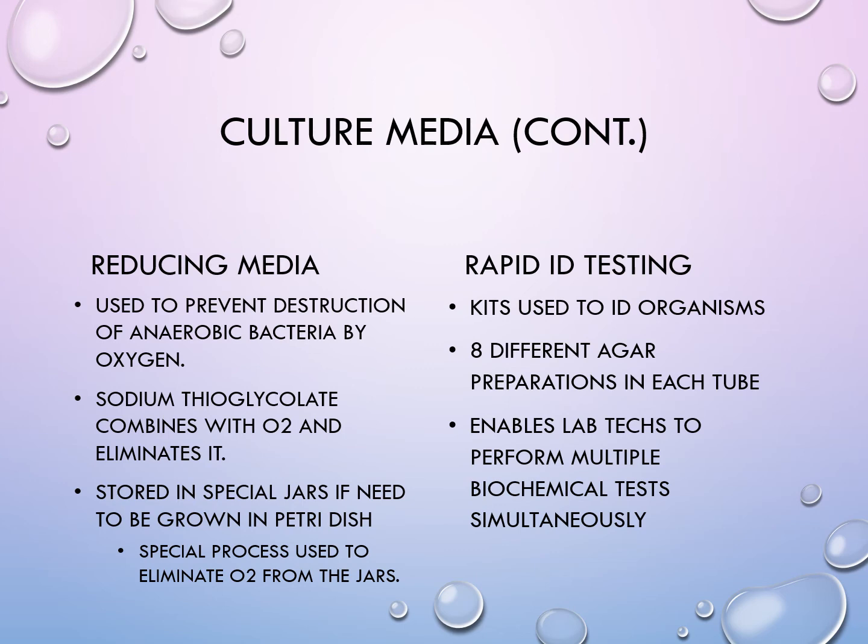And so now there's other ones that are used to rapidly test for strep infections, and there are ones that have multiple types of culture in one device. That's called the Enterotube. And then there are other ones that are used for detecting anaerobic gram-negative bacilli, and of course they have some rapid testing machines for COVID now as well.